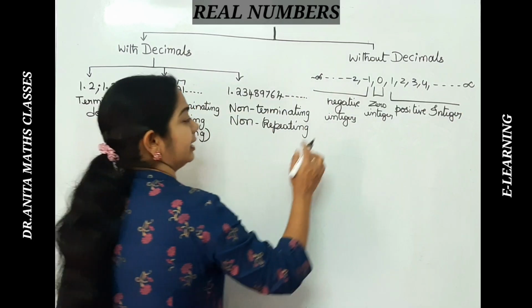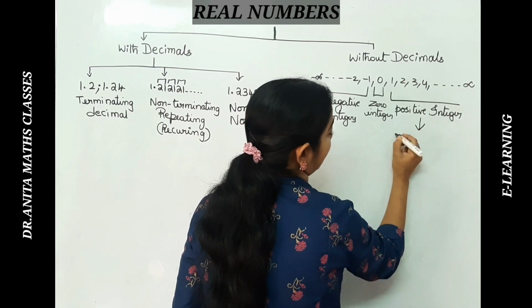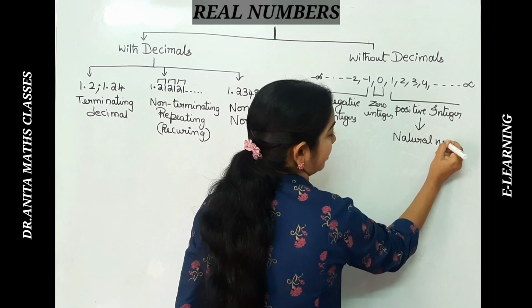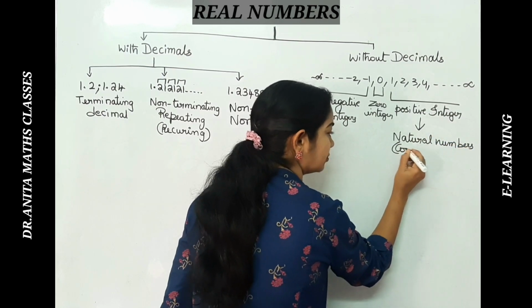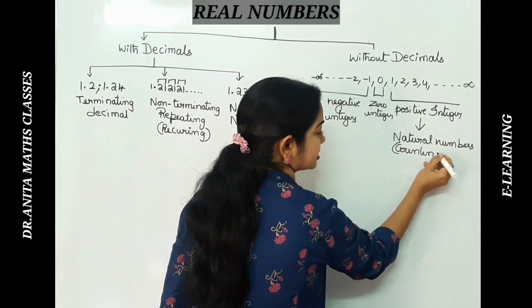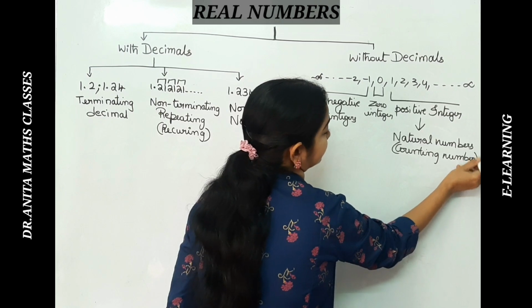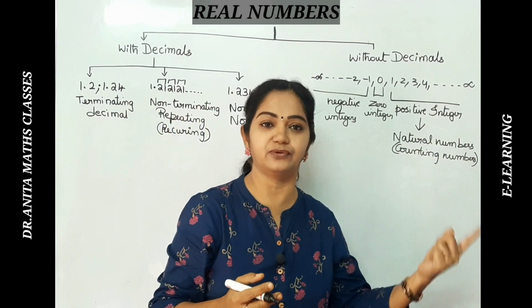In particular, all these positive integers are called natural numbers. Natural numbers are also called counting numbers, starting from 1 to infinity. So we count 1, 2, 3, 4 like that.